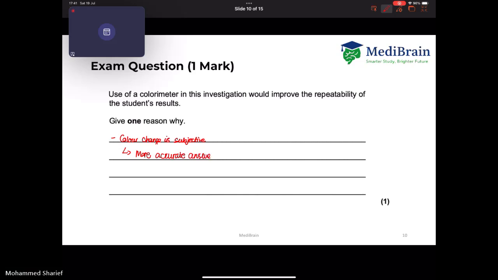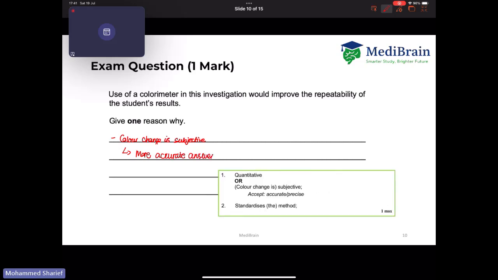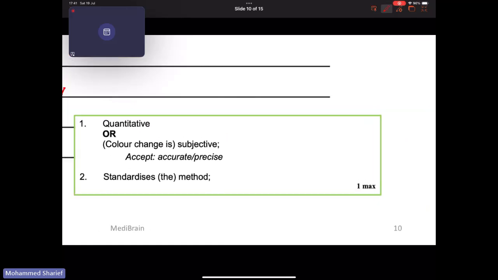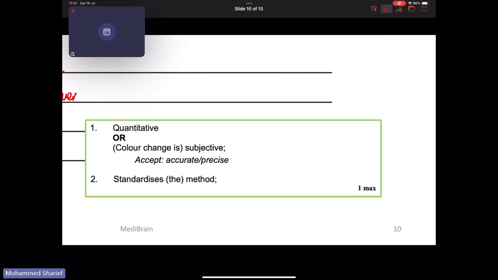Now if I show you the mark scheme, again, this is something that you just need to learn. It's saying quantitative, color change is subjective. It standardizes the method. This point is a good one to learn because it's mentioned in a lot of mark schemes.